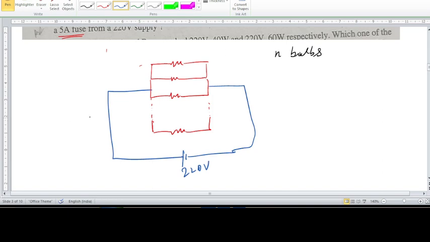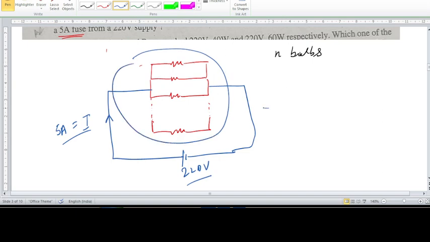And the net current which is flowing in the circuit, I, is 5 ampere.